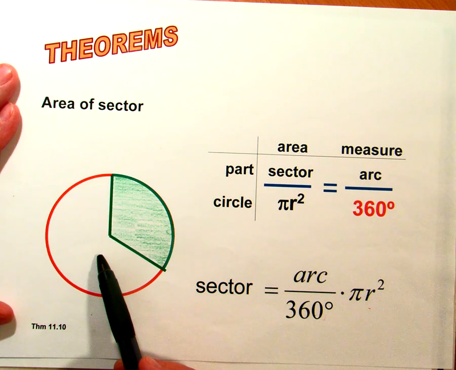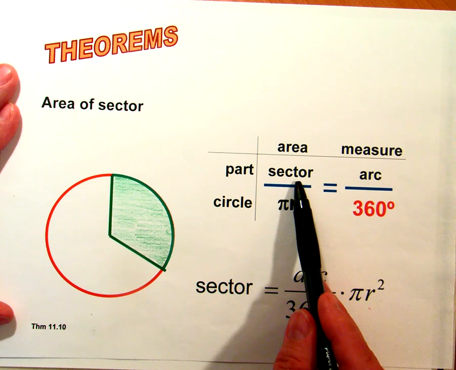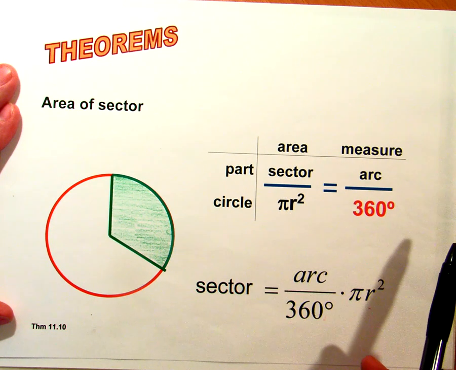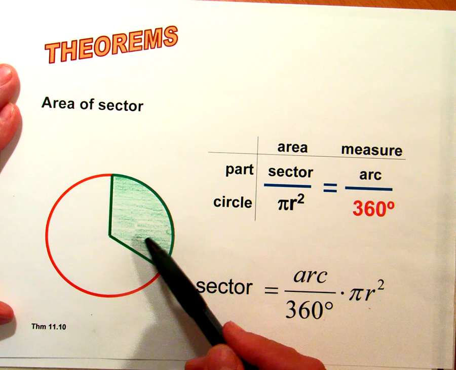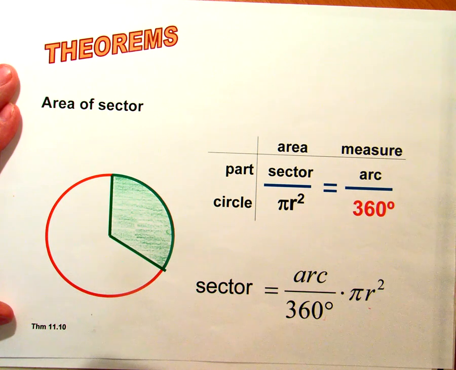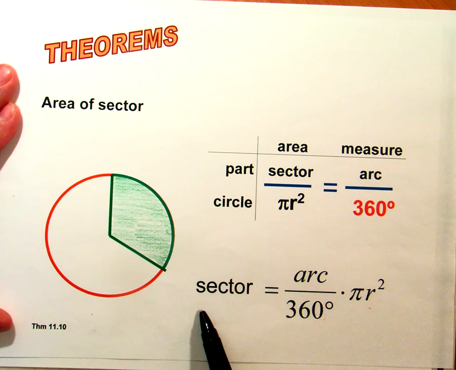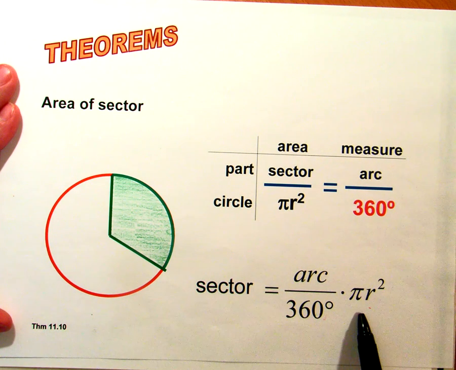And that's going to go both for the measure of the arc and the area of the sector. It'll come out to have the same relationship. It's 1/4 of the pi, it's 1/4 of the degrees. So, this one, we've simplified it.